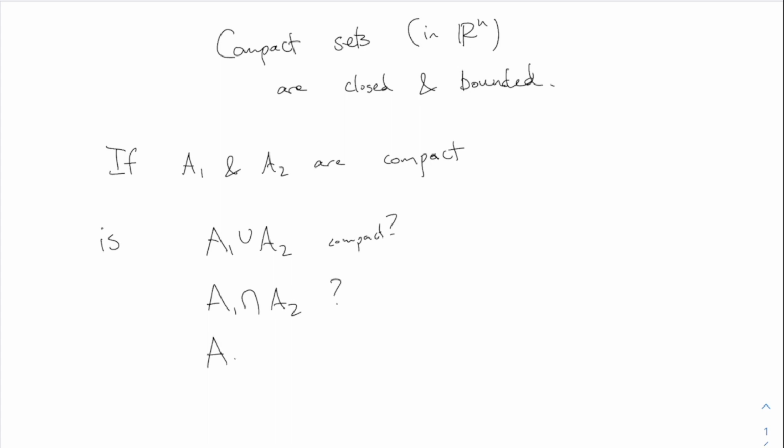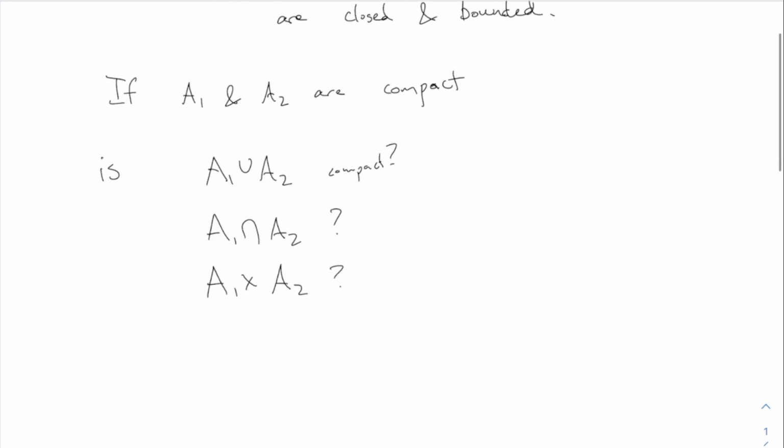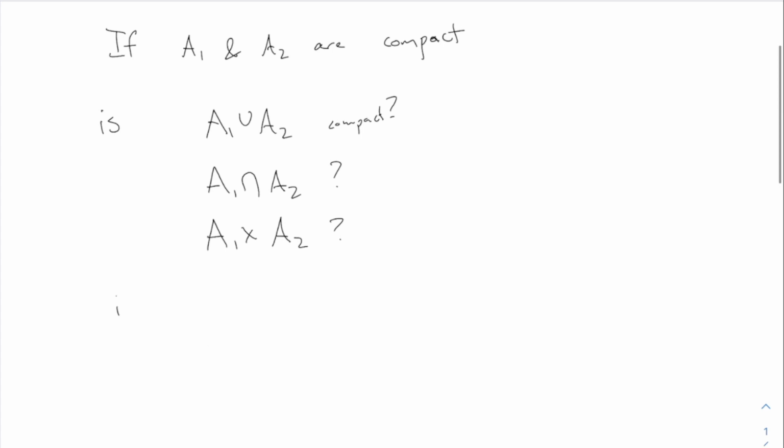What about the product A1 times A2? And one last one: if A is compact and B is a subset of A, then is B compact? These are 4 different things.